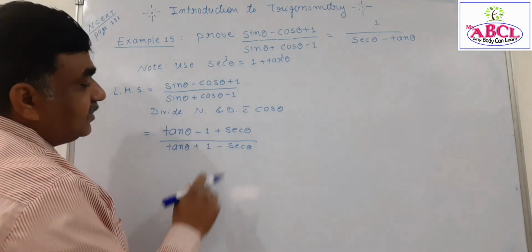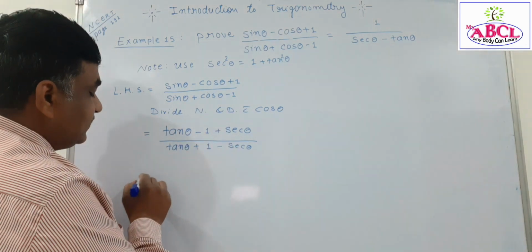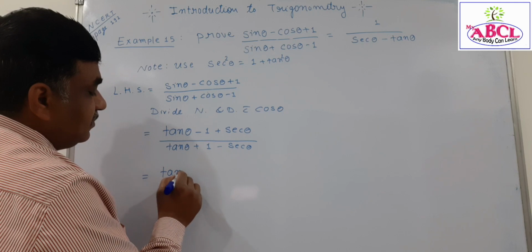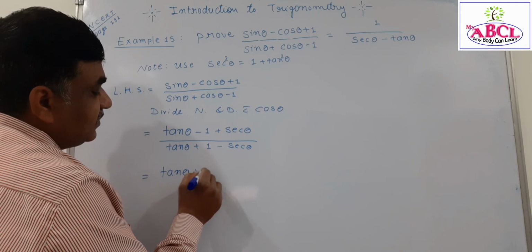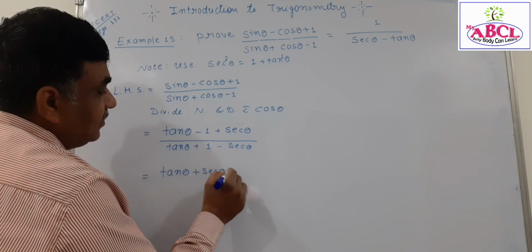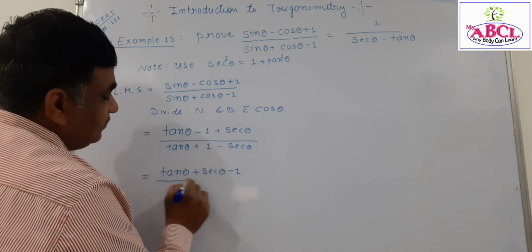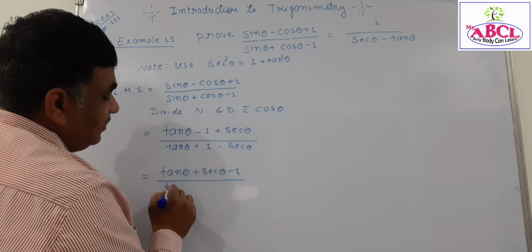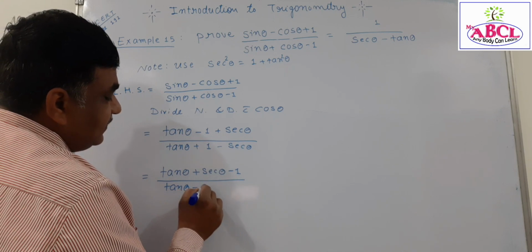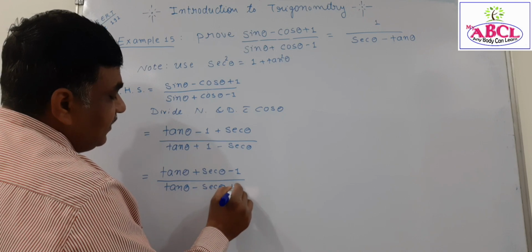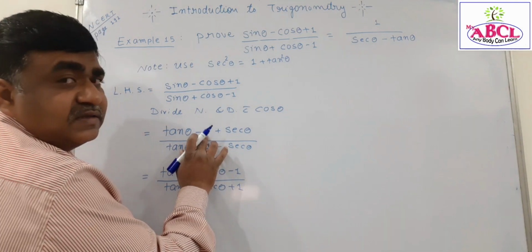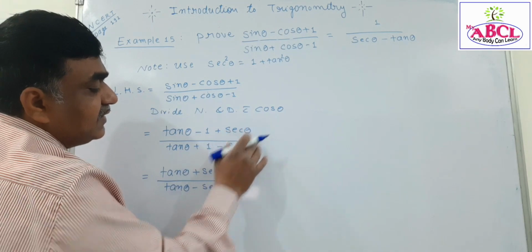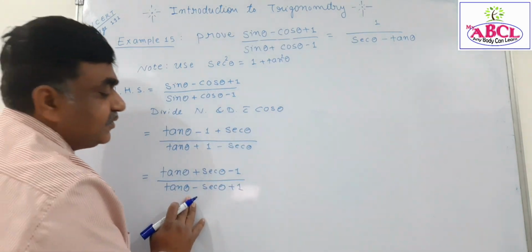I am going to rewrite this step like this: tan theta plus sec theta minus 1 over tan theta minus sec theta plus 1. I have done nothing but shift this 1 from here to the last, so I just rewrote the step.